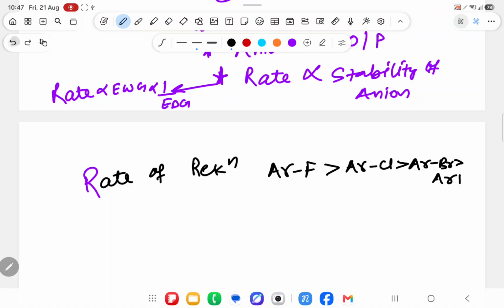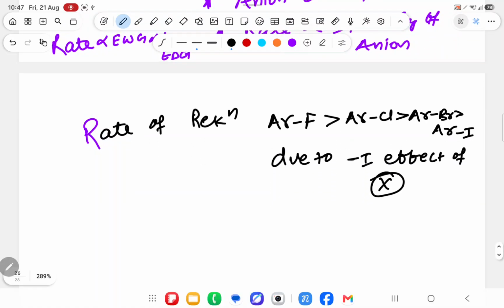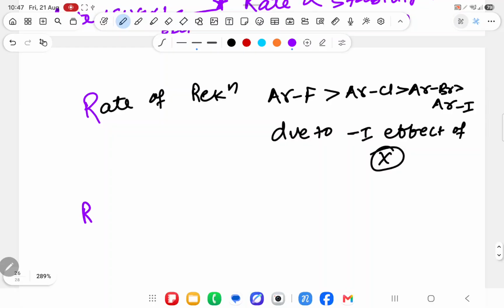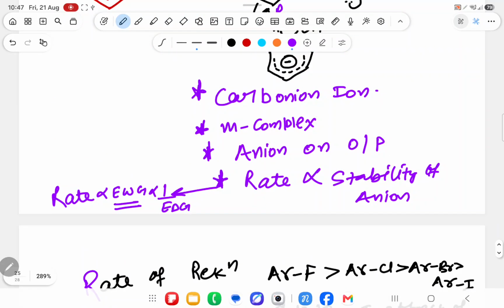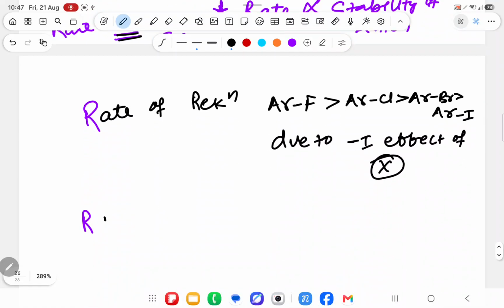What is the reason behind it? The reason is the minus I effect of X. The halogen with more minus I effect will show more rate of reaction, because an electron withdrawing group is required. The more minus I there is, the more stable the carbanion is.